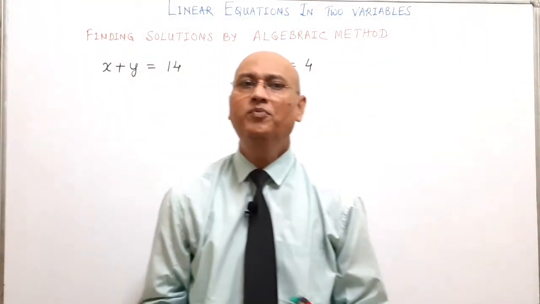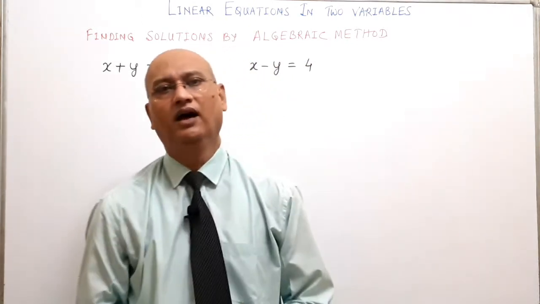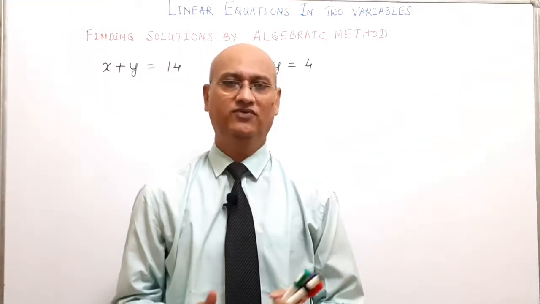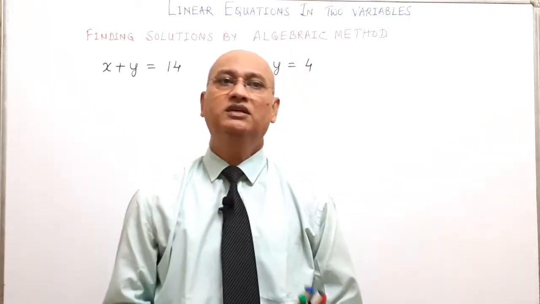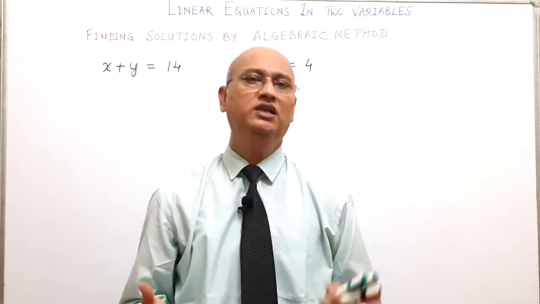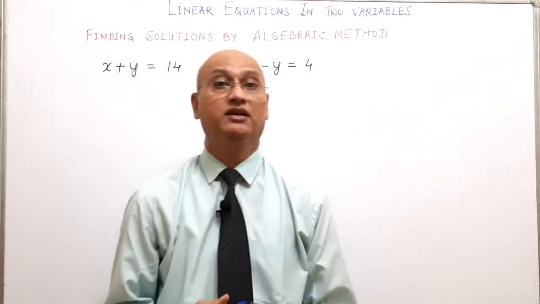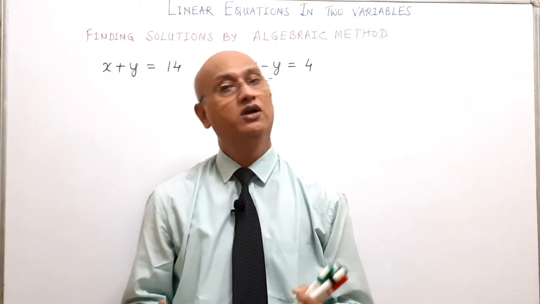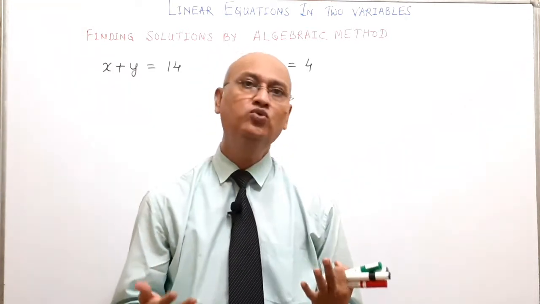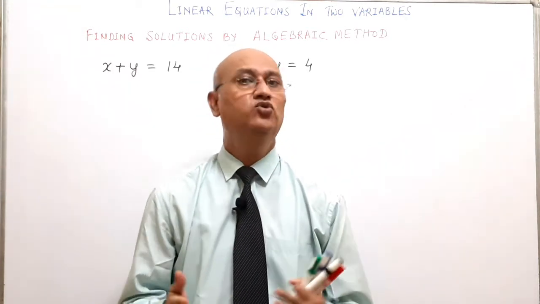Okay, now I hope you must have gone through the graphical method we have learned just now and followed all the things. Now the second type of method, as I told you earlier, is the algebraic method. With this algebraic method also we can find a common solution to both the equations which are linear in two variables.